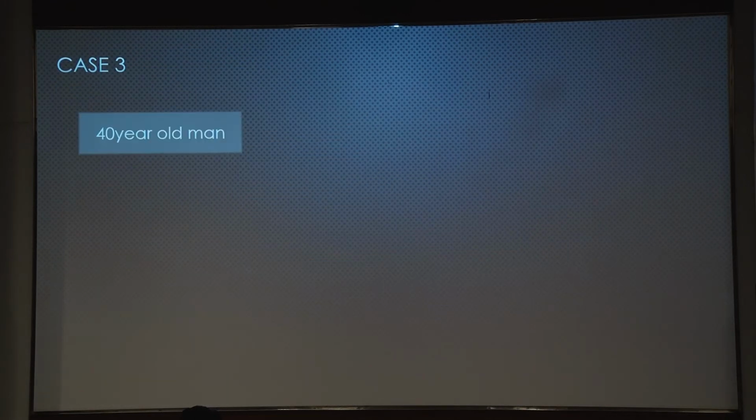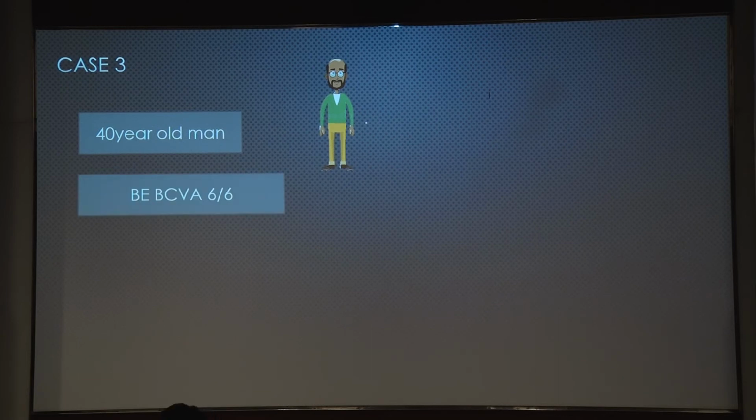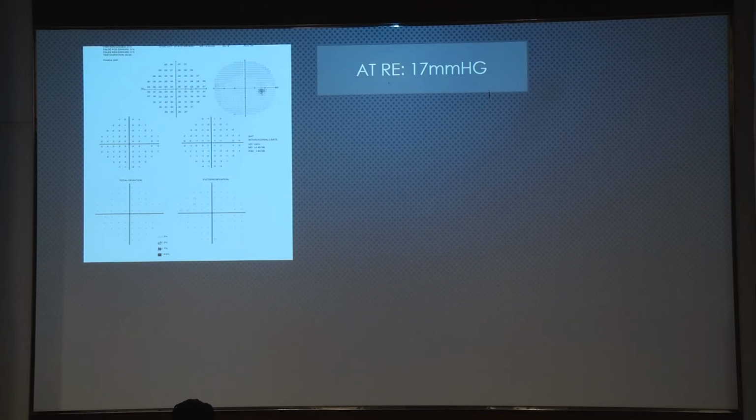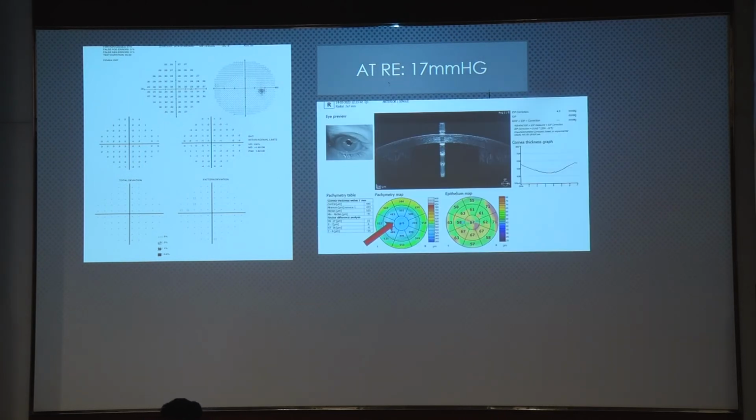Coming to the third case, a 40-year-old man with a best corrected vision of 6/6 in both the eyes and an anterior segment within normal limits, with the fundus examination showing a cup disc ratio of 0.5 with a slightly suspicious superior rim thinning. The HFA of his eye was normal, and the right eye pressures were noted as 17 millimeters of mercury. But on doing an OCT pachymetry, we saw that the CCT, the central corneal thickness, was 445.